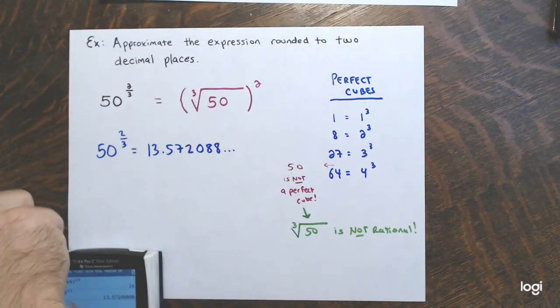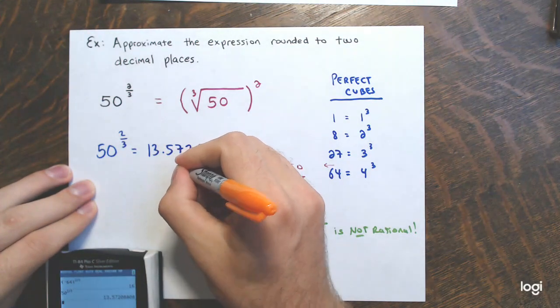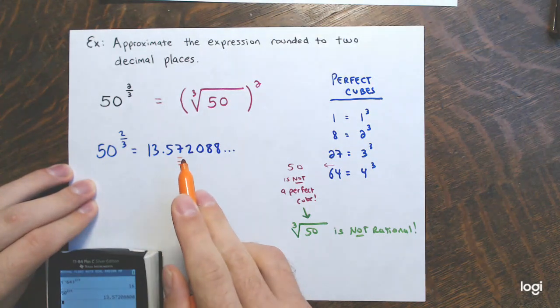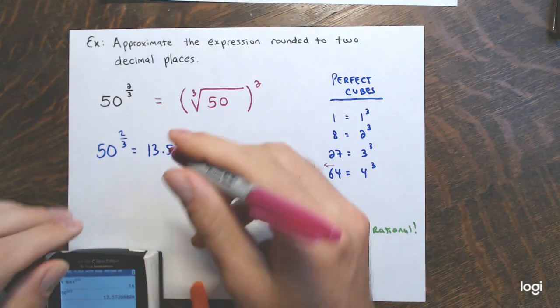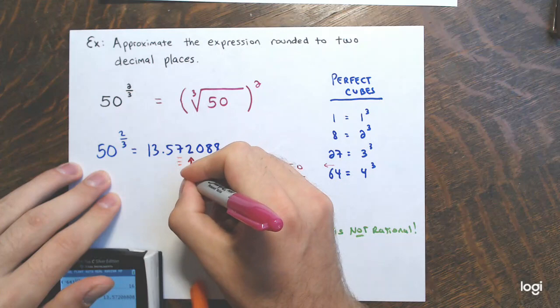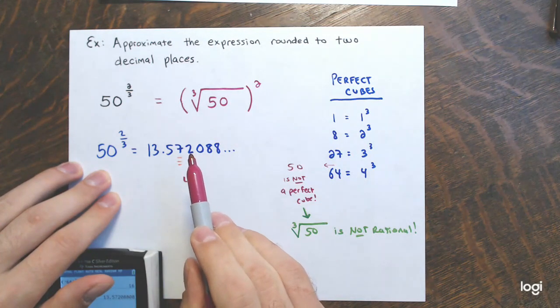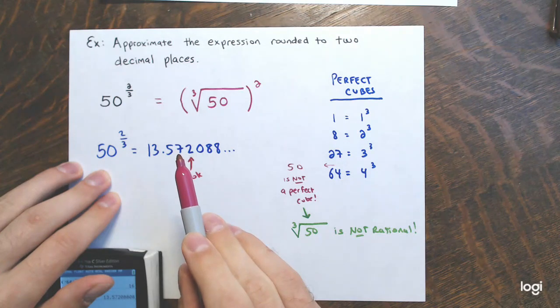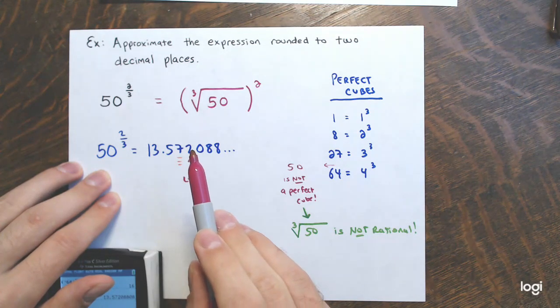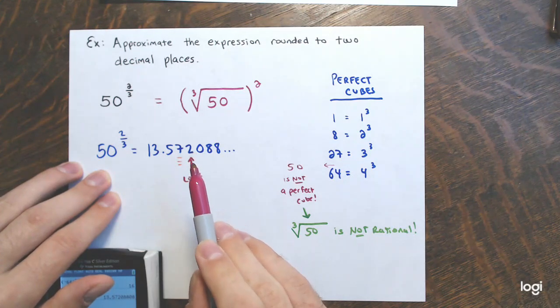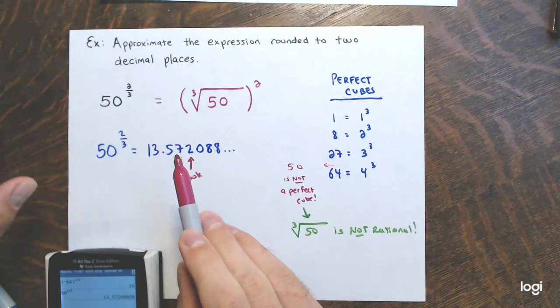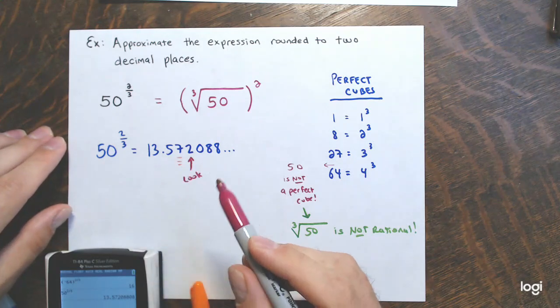So we're focusing on this spot here. Rounding to the nearest hundredth, 2 decimal places, means we have to look at the 3rd decimal place, the thousandths place. If this was 5 or higher, I'd bump the hundredths place up by 1, from 7 to 8, but it's not. This thousandths place, the 3rd decimal place, is less than 5. So I just leave the hundredths place the way it is.